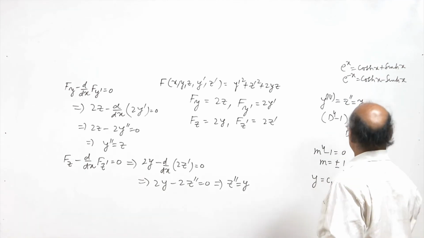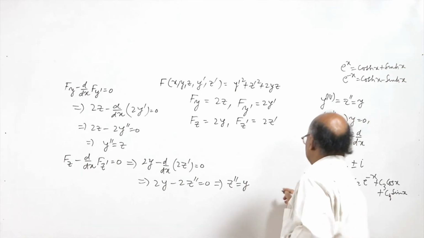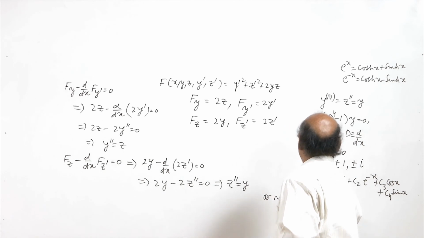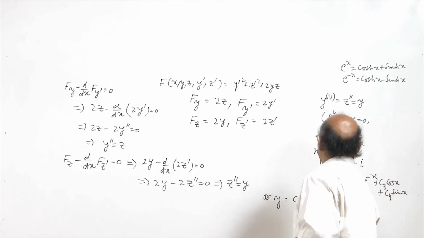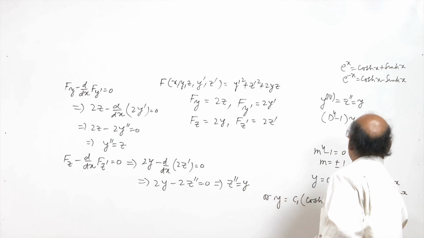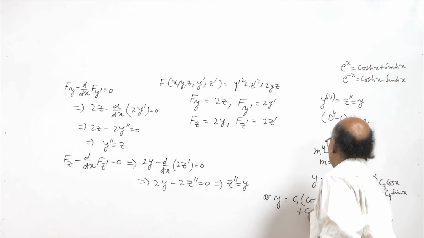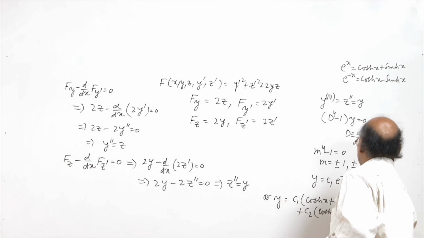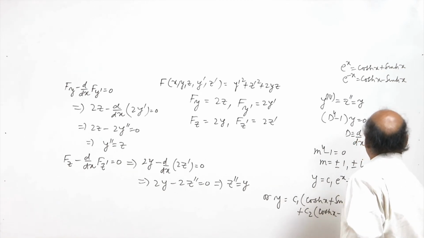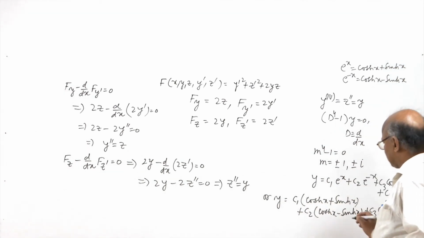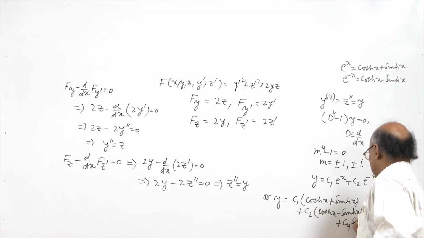So this equation can also be written in terms of the hyperbolic functions. So we can write y equal to c1 times (cosh x plus sinh x) plus c2 times (cosh x minus sinh x) plus c3 cos x plus c4 sin x.